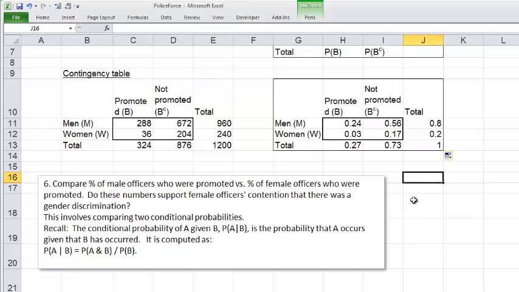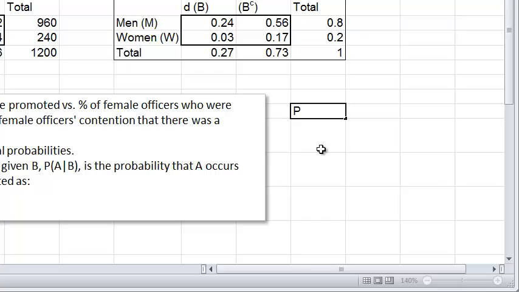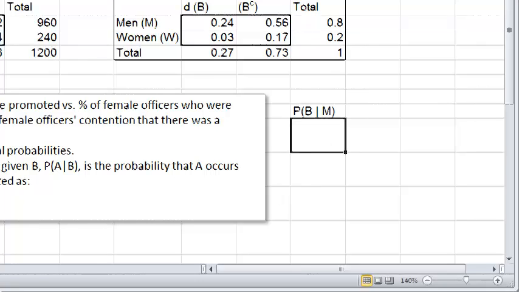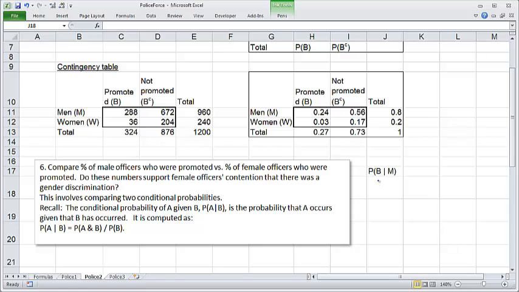And that probability is a conditional probability. We would write it like this: probability of promoted given male officer. What does this say? It says the probability that someone is promoted, given, and this vertical bar denotes given.